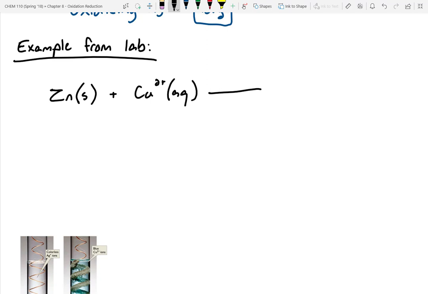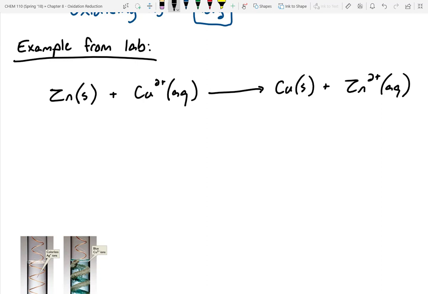And during this reaction, if you remember, the zinc started having this film grow on it. That was actually copper being formed. So if you left it in there long enough, you might have actually noticed that copper color starting to form. And when you do this, you actually create zinc cations that go out into solution and are colorless. All right?